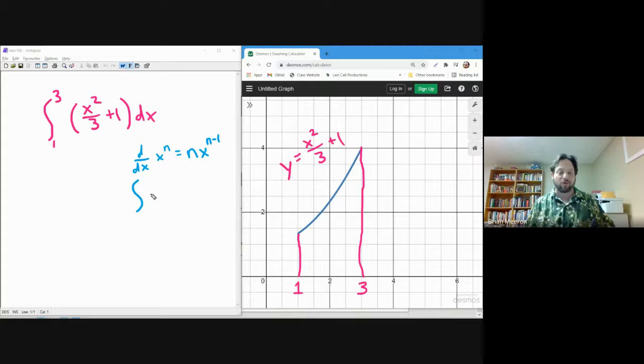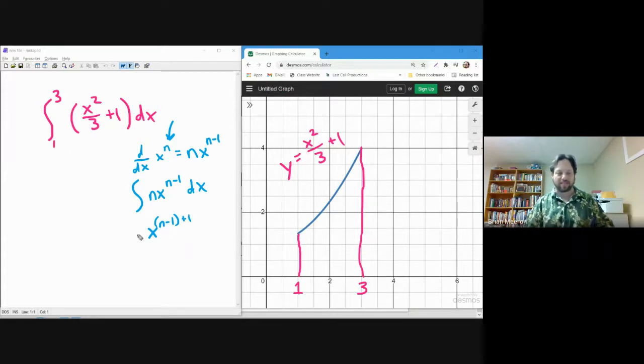Okay, so how are we going to do the integral? Well, remember, the integral undoes the derivative. So here we go. We know that if we do this, we should end up back at x to the n power. How does it work? We are literally just going to add 1 to the exponent and divide it by that same number. Check this out. It's going to look like this. We're going to go x to the n minus 1, but we're going to add 1 to that exponent.